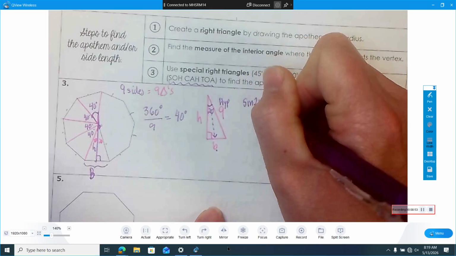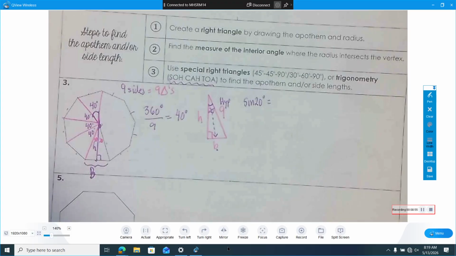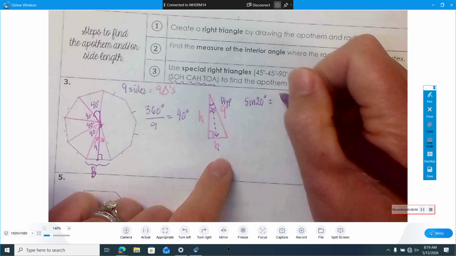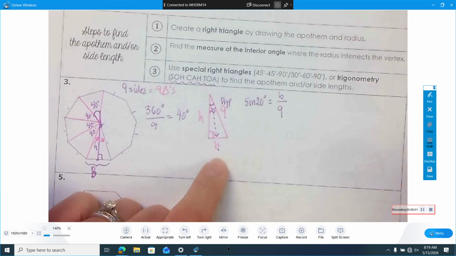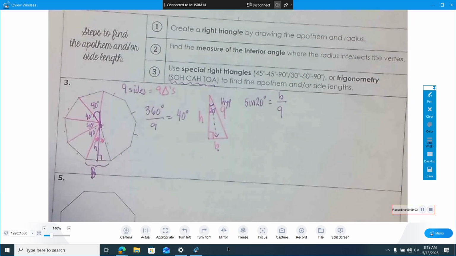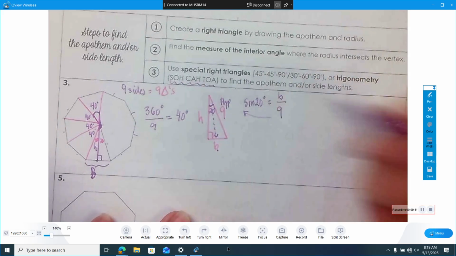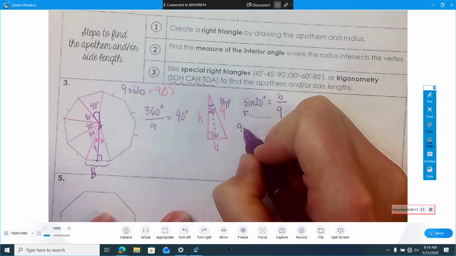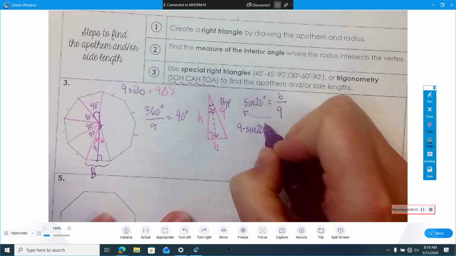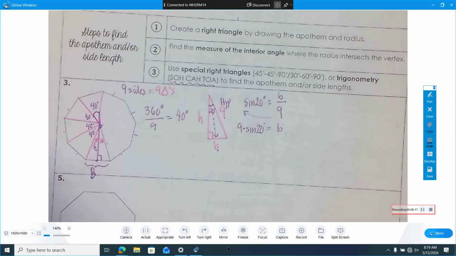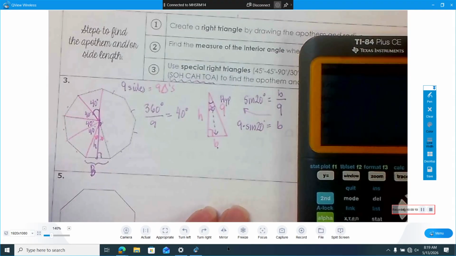Sine of my 20-degree angle, looking from my 20-degree angle, is opposite over hypotenuse, so b over 9. And how do I get b by itself? Multiply by 9. Yeah, we're going to multiply that 9 to the other side, so we get 9 times the sine of 20 degrees equals b. And so we're going to go ahead and go to our calculators.